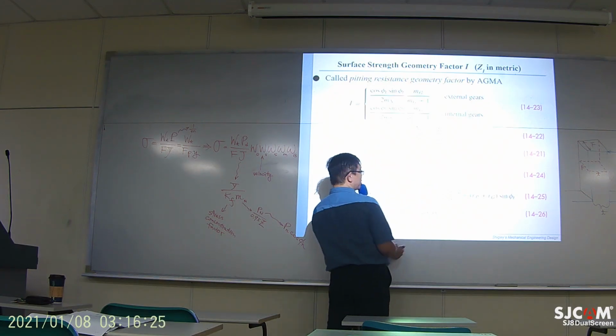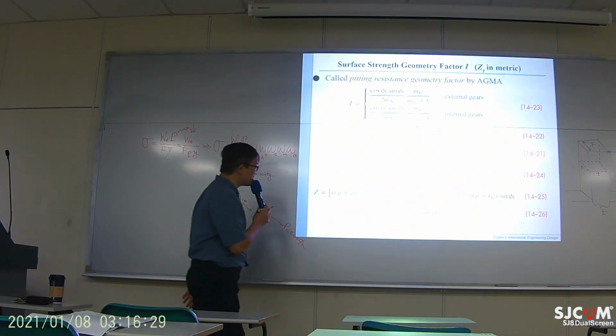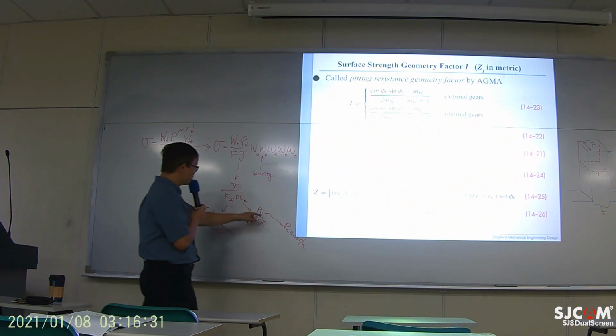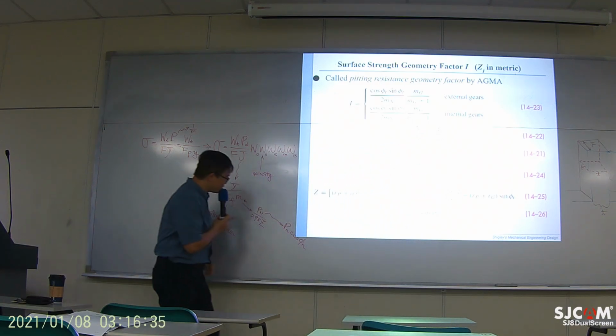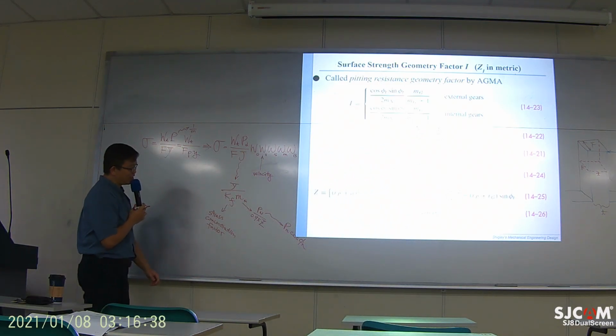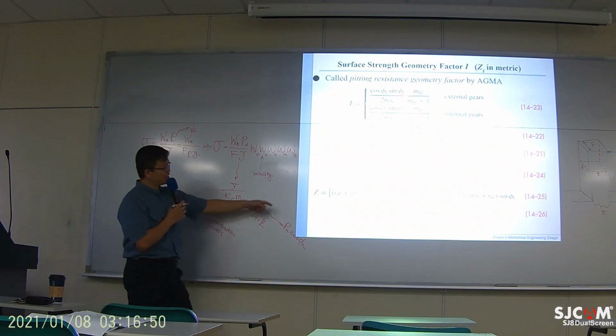So basically normal pitch, and this is basically pressure angle. So Pn is like a calculation for the pitch projected along some pressure angle.